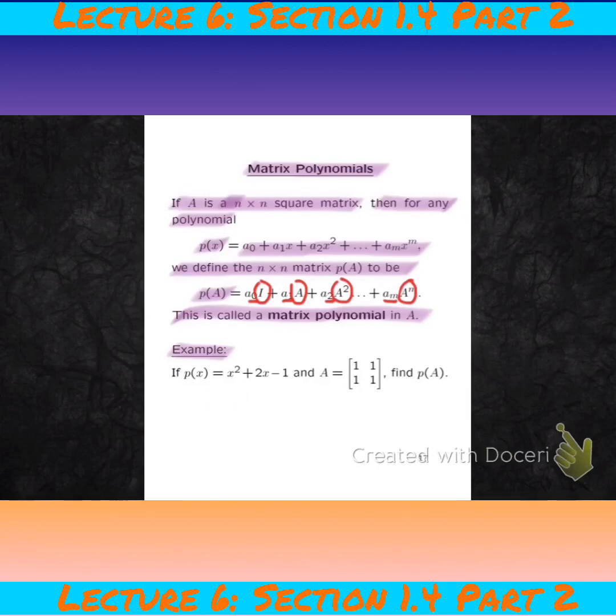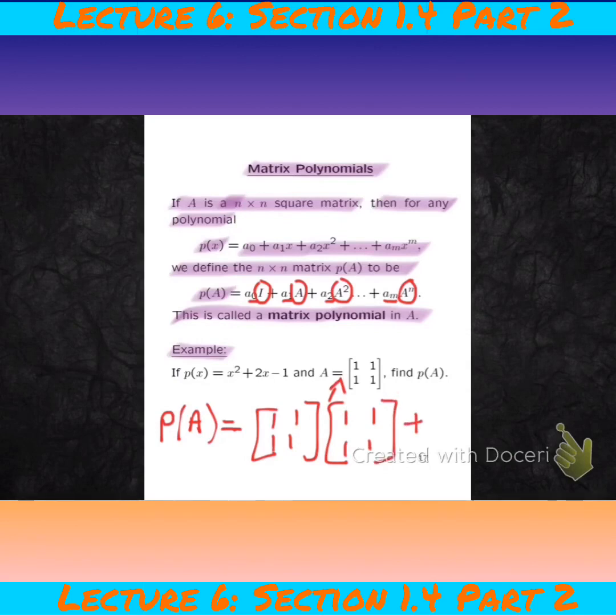A into that polynomial, so the matrix polynomial is simply going to be this matrix here that you multiply with itself. To that you're going to add twice the matrix 1, 1, 1, 1, and to that you're going to add 1 times the identity matrix, which is 1, 0, 0, 1.